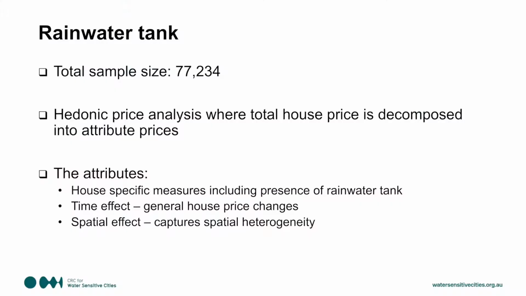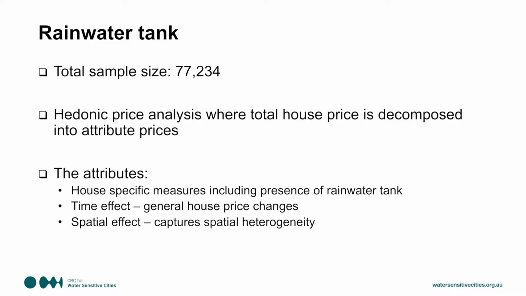You can see the number of observations is around 80,000, and we have teased out the impact of a rainwater tank by incorporating various other variables. For example, house specific measures like number of bedrooms, lot size, number of bathrooms, whether it has a pool or not, what the roof area is, all these things.